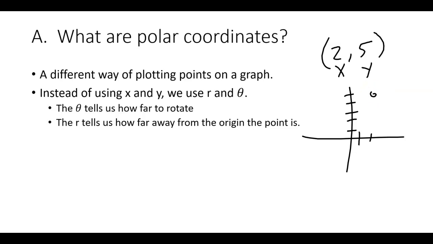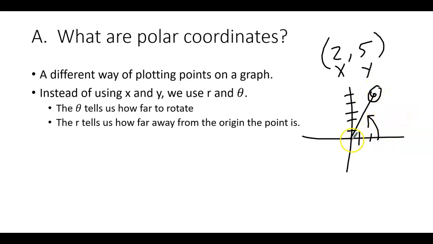Instead of plotting the point by going over to the right and up 5, another way you can think about it is a distance from the origin that has been rotated that far. Okay, so we look at a distance from the origin, how far away it is from the middle, and also how far it's rotated away from the x-axis. And you get the same point that way.